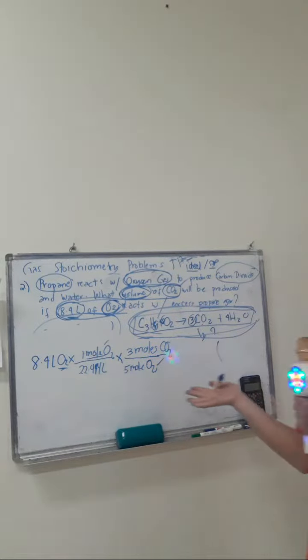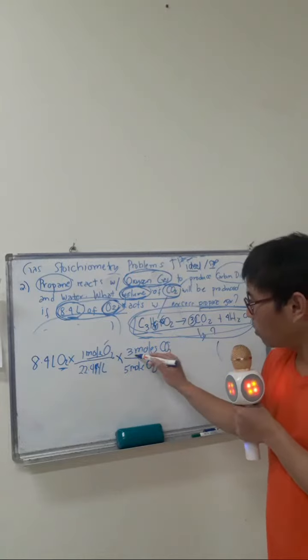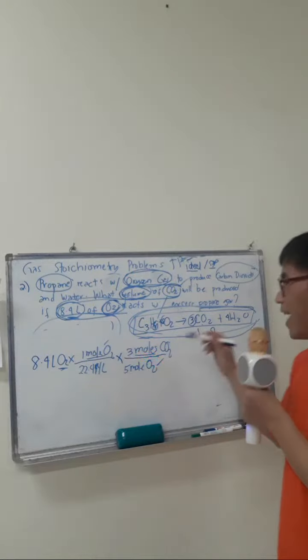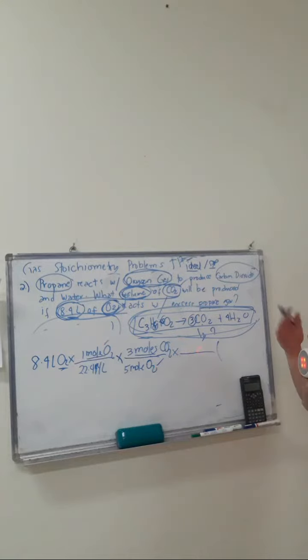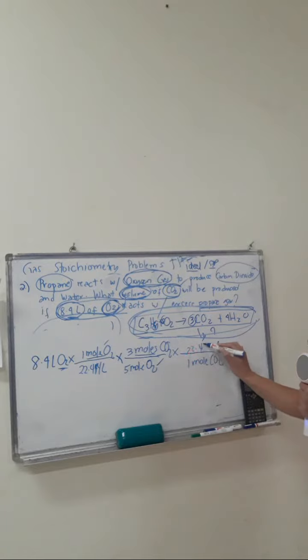You will not stop here because this is still moles, not volume. Okay, again, going back to ideality. 1 mole of carbon dioxide will now occupy 22.4 liters. Why do we always use 22.4 liters?